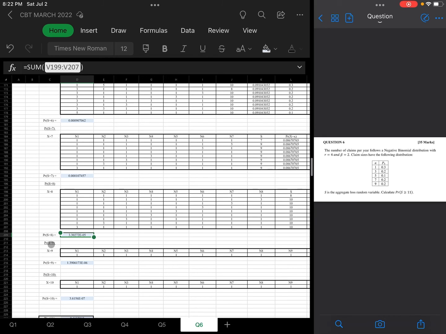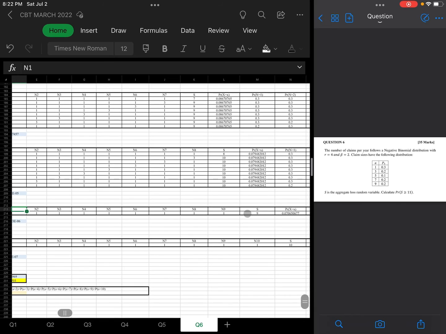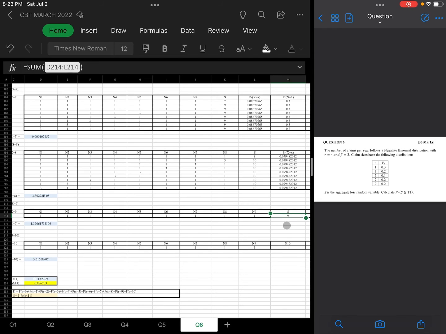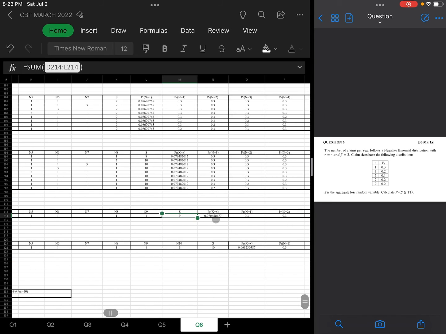Probability of S equals 9 is when X is 9, and this can be n1, n2, n3 until n9, but we cannot use any other values except 1 here because it will exceed the number 11. So in order for us to get a value of S less than 11, we can only use 1, and probability of X equals x here stands for probability of X equals 9.